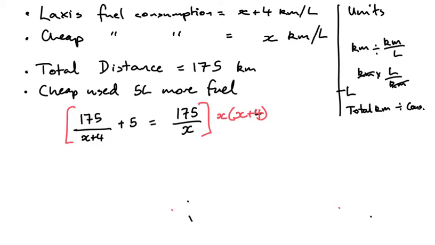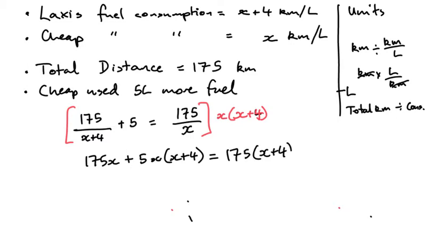When I multiply through, I get 175X plus 5X times X plus 4 equals, and on the right hand side the X's will cancel, and I've got 175 outside of X plus 4. We can see the 175 X's are going to cancel there when I expand on the right hand side.